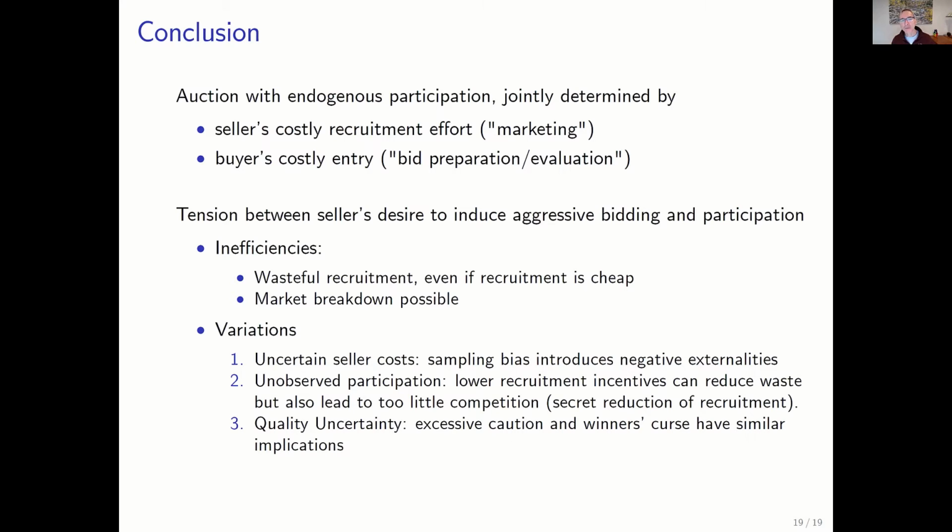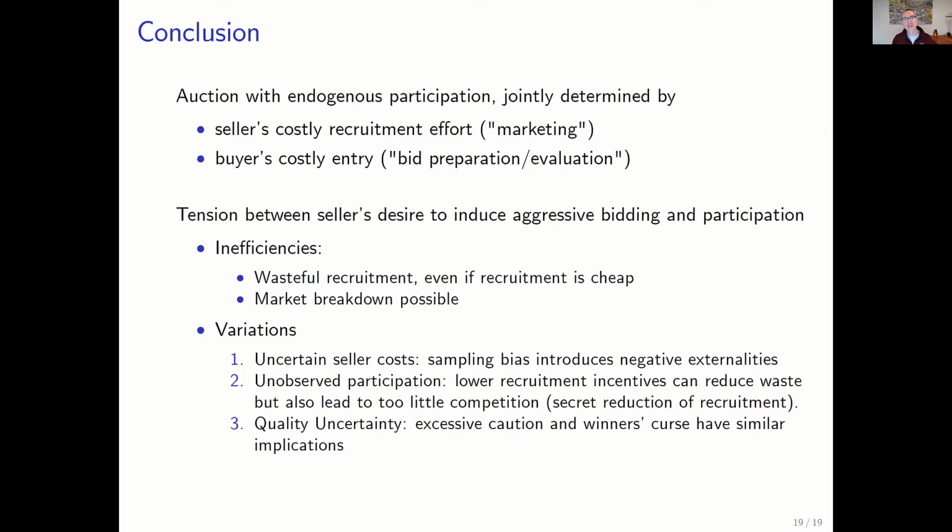If I could add one more question, it is about the marketing costs that you have here. One could think of them as actually being productive to the buyers. For example, my marketing is to present a clearer description of what I'm selling, thereby reducing the buyer's participation costs.